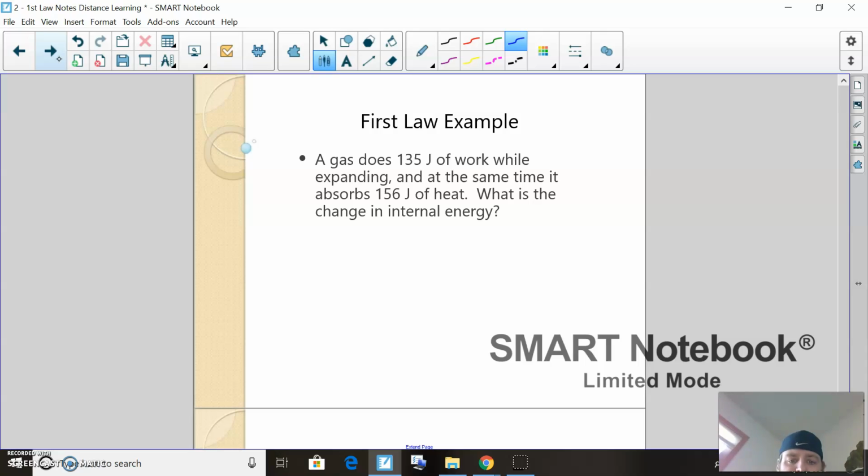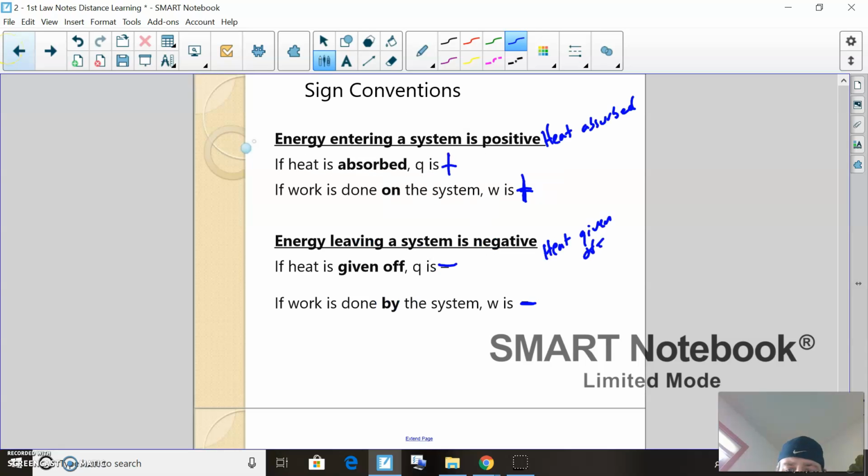Let's figure out delta U, the internal energy. A gas does 135 joules of work while expanding. It absorbs 156 joules of heat. So I have Q plus W. Delta U is equal to what? The gas does work, so let's go back and check the signs.